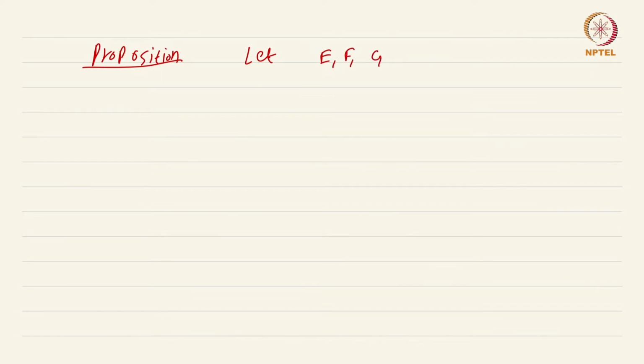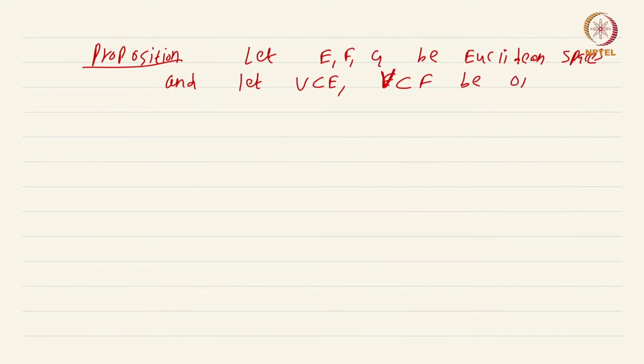Let E, F, G be Euclidean spaces, and let U subset of E and V subset of F be open. Okay.